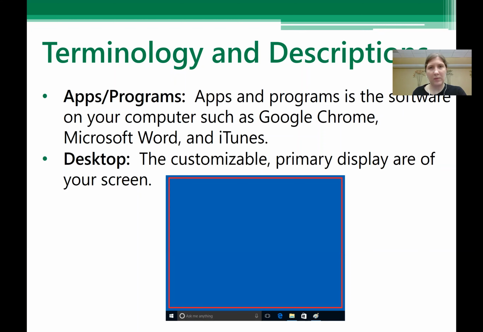Some come standard with Windows 10, and others you have to buy on your own. Next is the desktop. That is the customizable primary display of your screen. It's usually the picture that's in the background. And that is what usually you see when you first start up Windows 10.